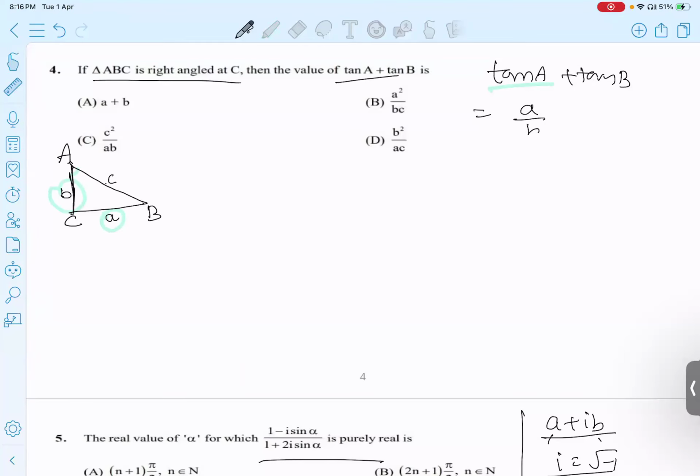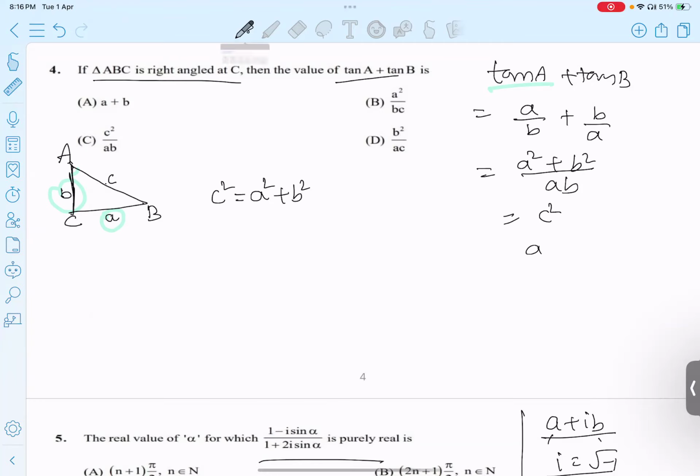Similarly, tan B is b by a. Taking the LCM, the numerator gives us a square plus b square. Looking at the Pythagoras theorem, c square is equal to a square plus b square. So c square by ab is the final answer.